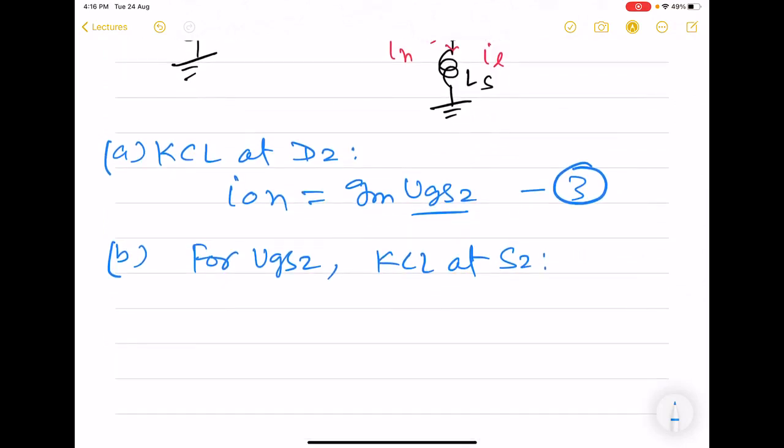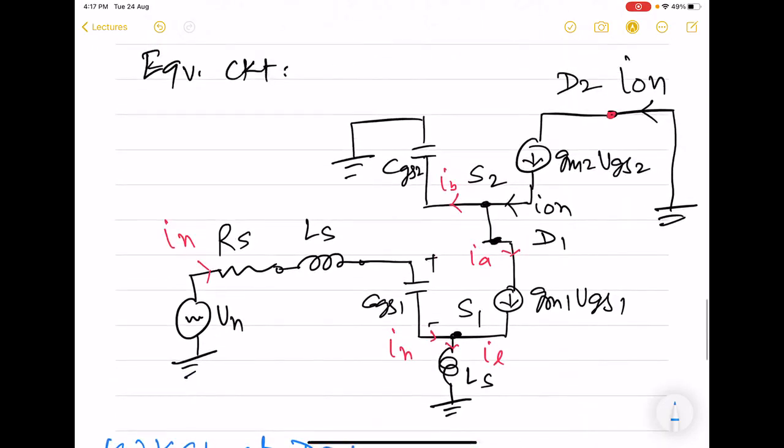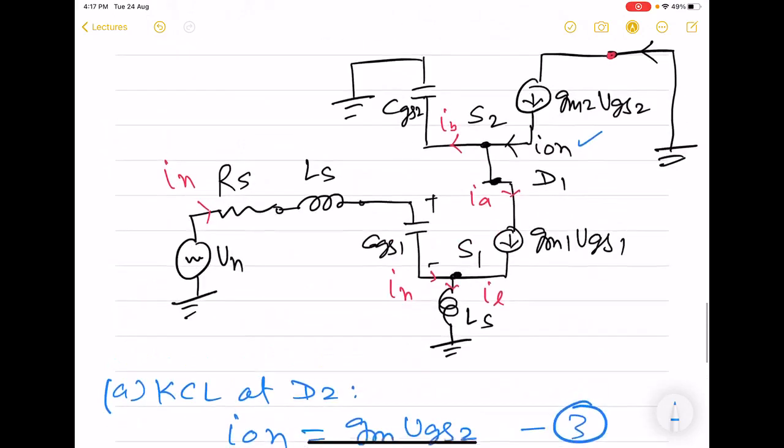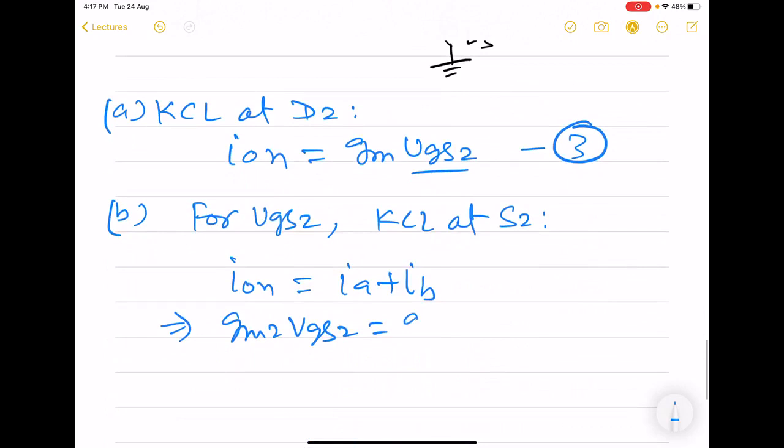So ION is equal to IA plus IB, and ION is GM2 VGS2, and IA is equal to GM1 VGS1, right?